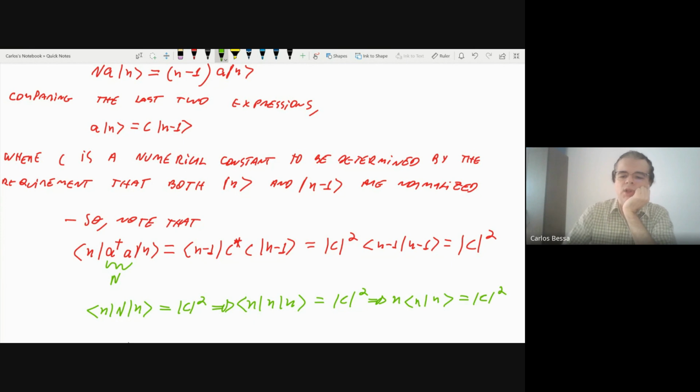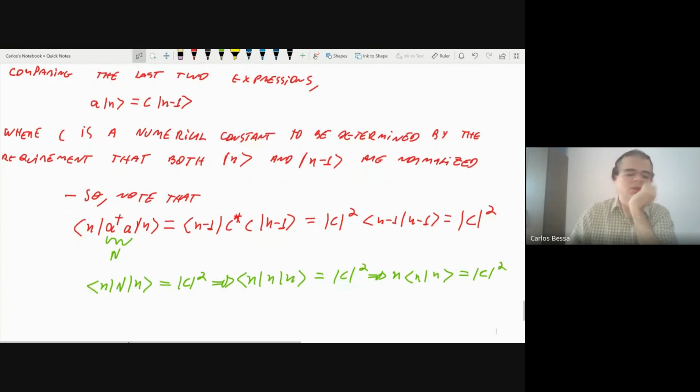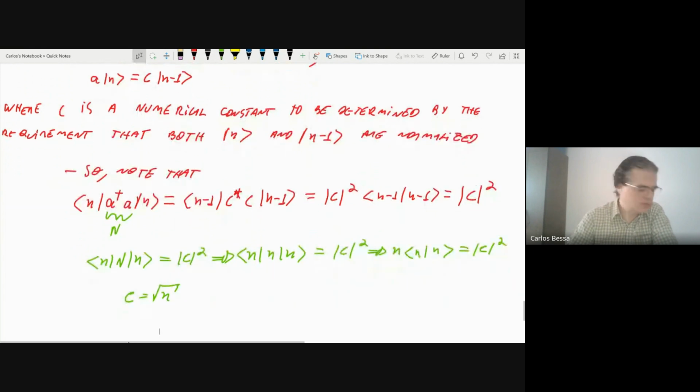Again, this is normalized. So c is equal to the square root of n. And this is by convention, because it could be plus or minus.